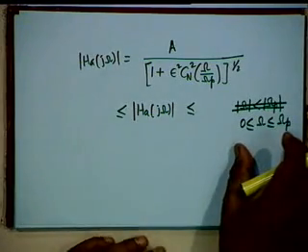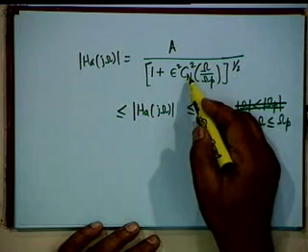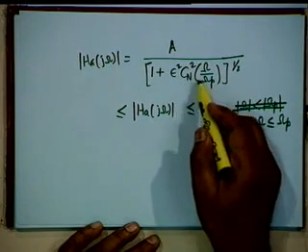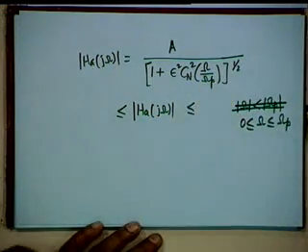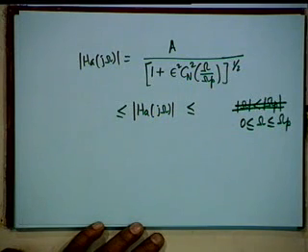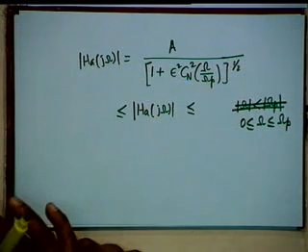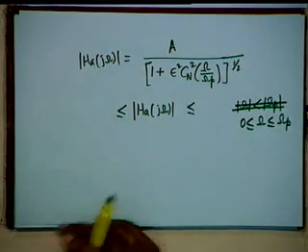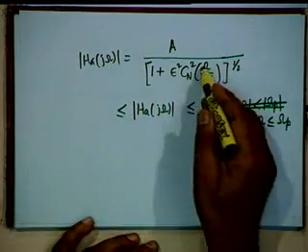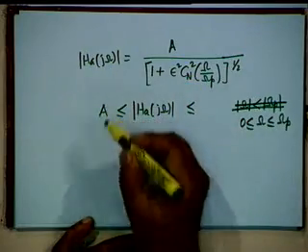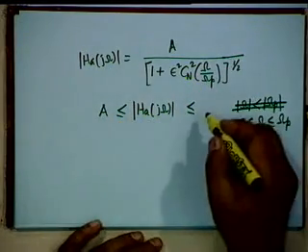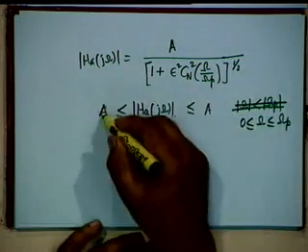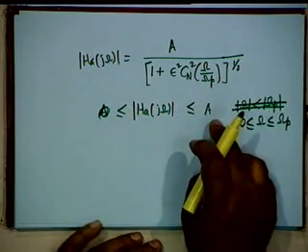In this range, because C_n is oscillating, what is the minimum value of C_n squared? The minimum value of C_n squared is 0. Therefore, when it is 0, the magnitude is capital A, the upper limit.